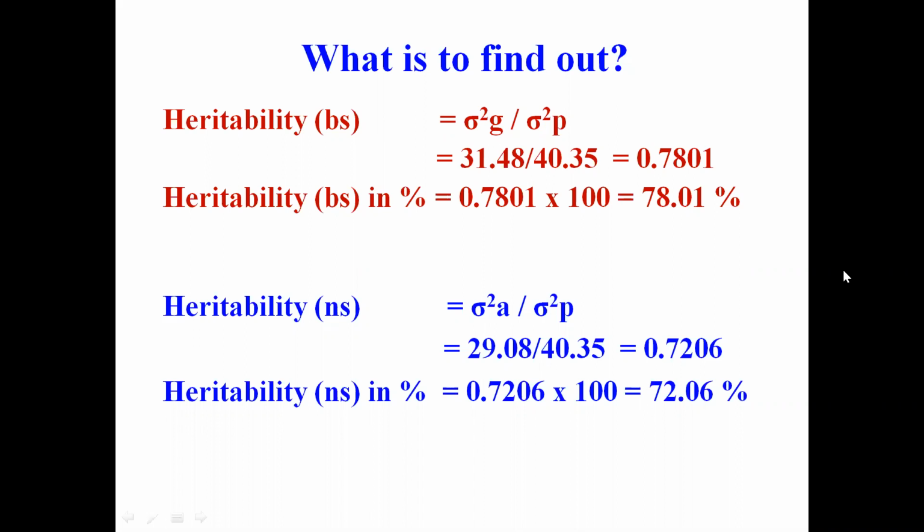It means 72% of the total variation is due to additive variance. And in case of broad sense heritability, 78% of total variation is due to genotypic variance.